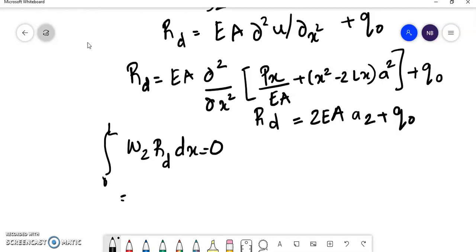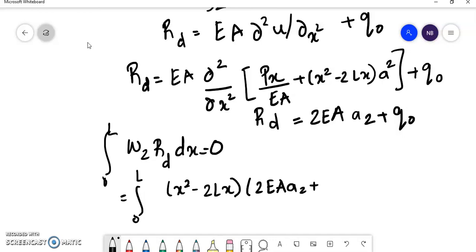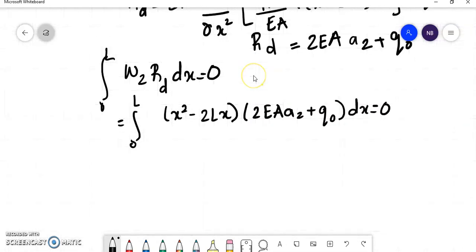Substitute for W2 and Rd. Once we integrate this and apply the limits, we will get a2 as minus q0 upon 2EA.